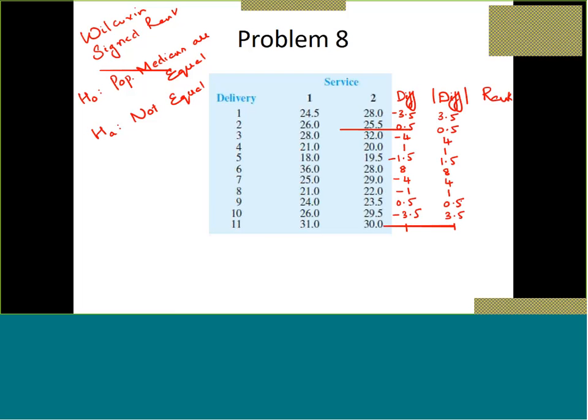If you find any zeros in the difference, just discard those points. So starting are 0.5, 0.5, 2 of them. So you have to average the first and second ranks.